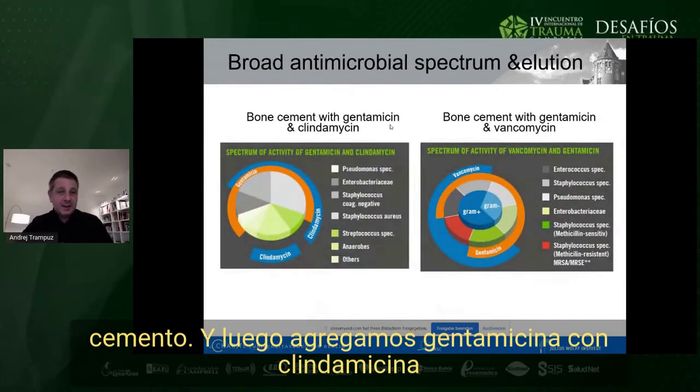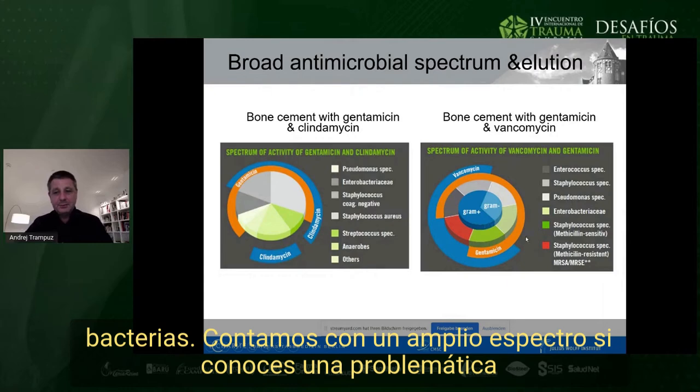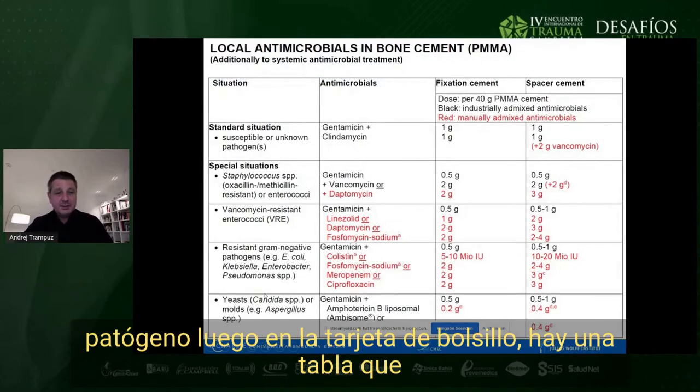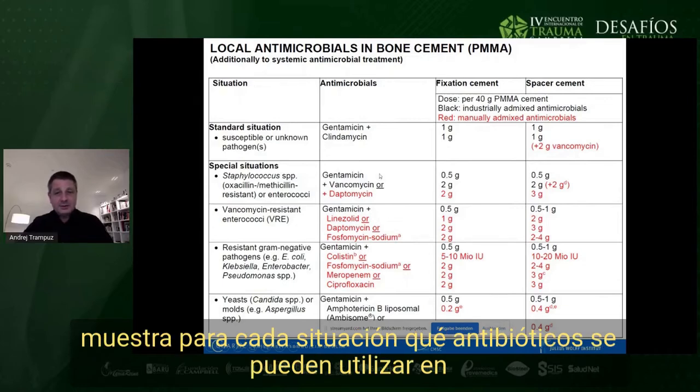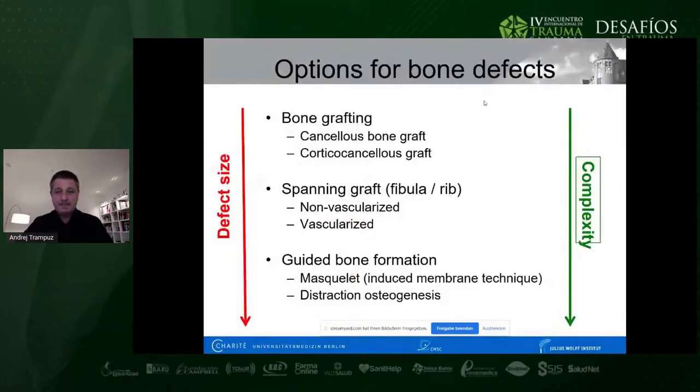And then we add either gentamicin with clindamycin or gentamicin with vancomycin in order to cover all possible bacteria. We have a broad spectrum. If we know a problematic pathogen, then in the pocket guide, there is a table which shows for each situation which antibiotics can be used in bone cement, in which concentration per 40 gram of PMMA.